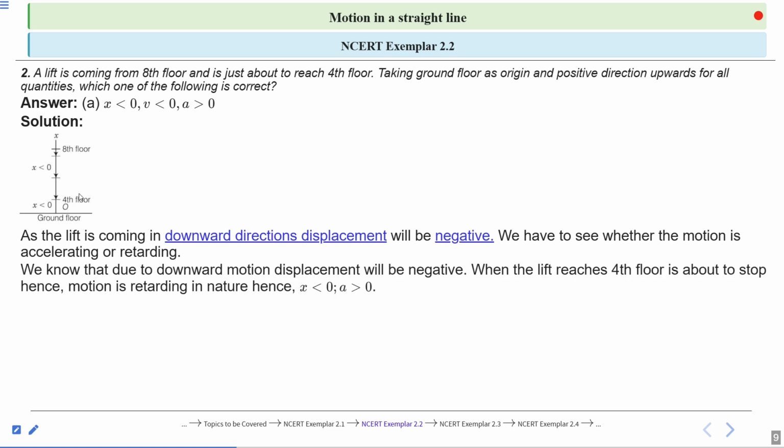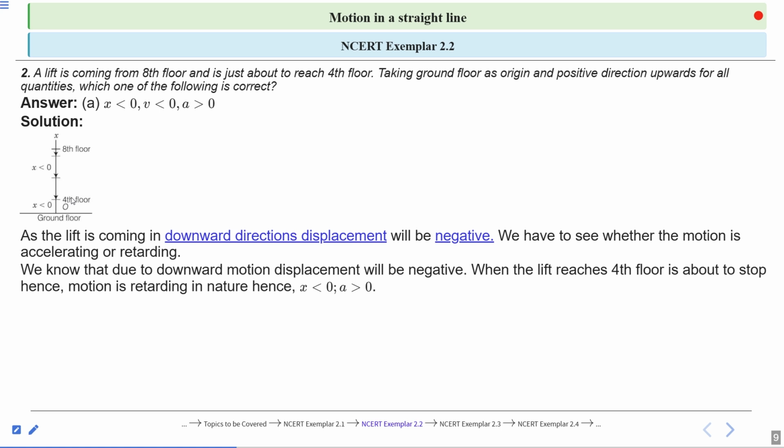We know that due to downward motion, displacement will be negative. When the lift reaches the 4th floor and is about to stop, the motion is retarding in nature. Hence, x is less than 0 and a is greater than 0.